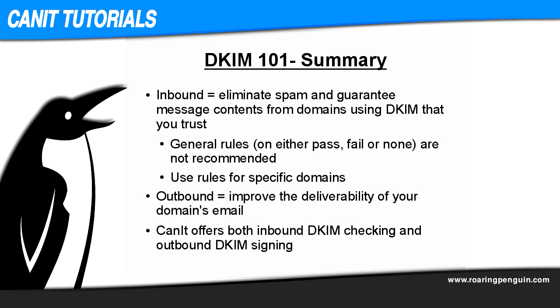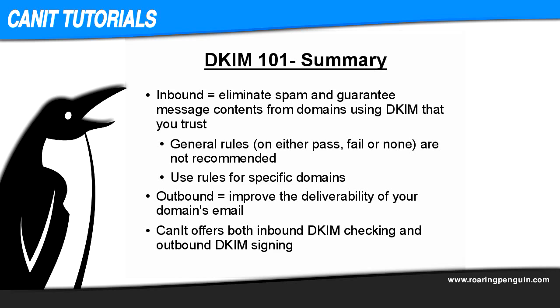To summarize, DKIM checking on the inbound side can be useful in receiving email from domains that you trust. General rules that apply to all domains are not recommended, but you can use rules for specific domains to help ensure deliverability. DKIM signing on the outbound side can improve the deliverability of your outbound mail.